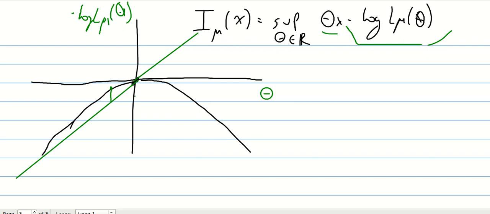Because when we sum these two, we're going to maximize when the derivative is the same. So if we shift this, just like here, sorry, I did something wrong here.